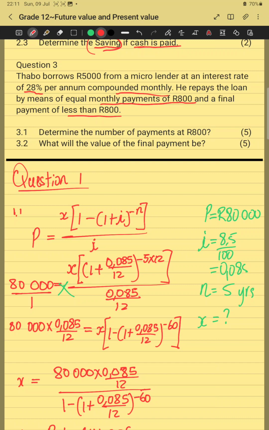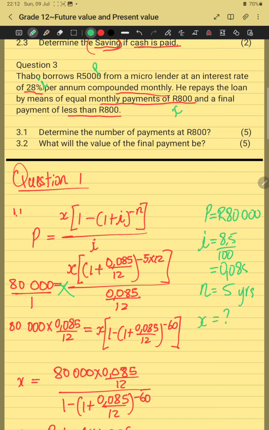Okay, then that means that 5,000 is going to be the P value, and then the money that Thabo is paying each and every month, which is that 800, is going to be X, the monthly installment, and then the interest rate here, I is 28%.